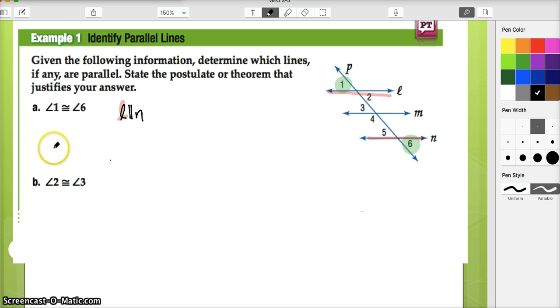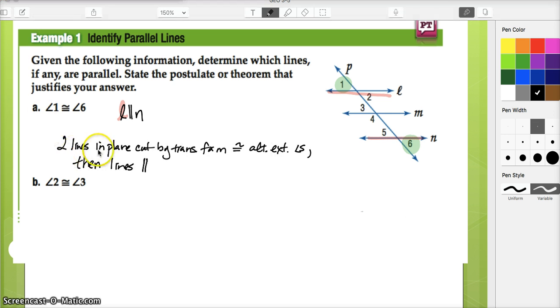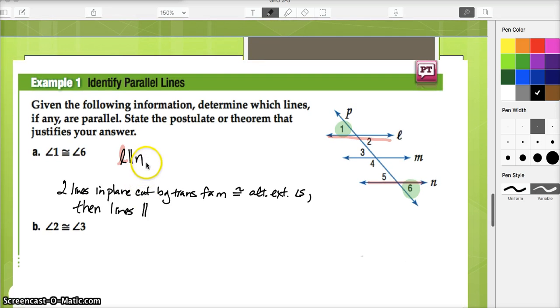Basically it's like this: if two lines in a plane cut by a transversal form congruent alternate exterior angles, then the lines are parallel. This is an abbreviation of the theorem that we need here.